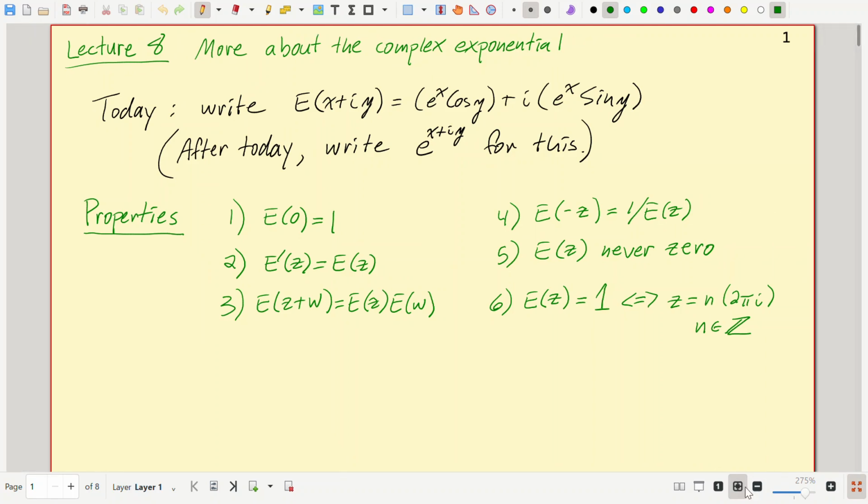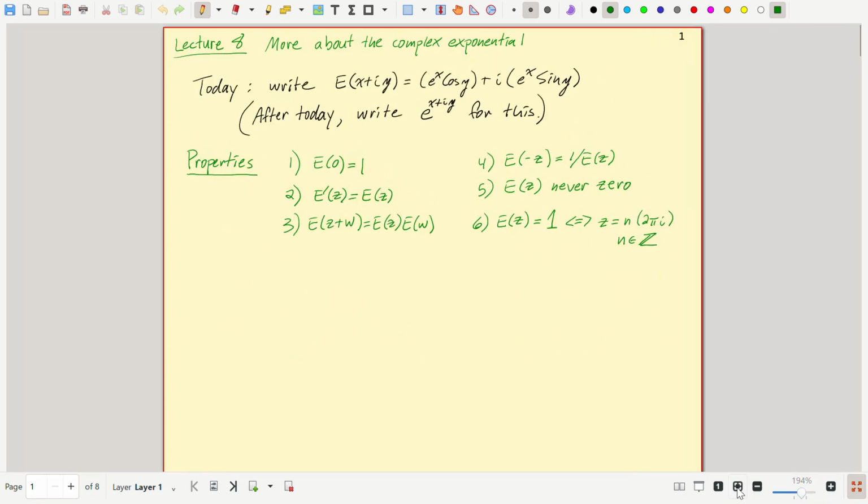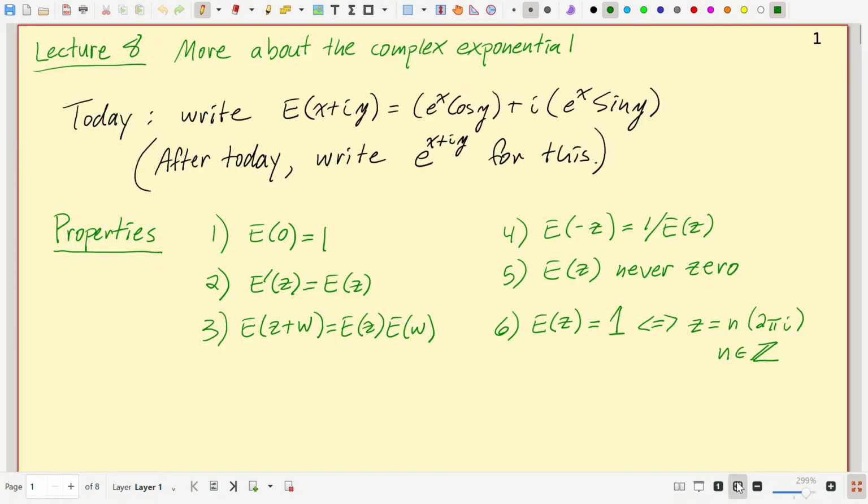Well, today I want to say some more things about the complex exponential. And this will be the last day where I write e to the x plus iy for the complex exponential. After today, I'm going to write e to the z for it.